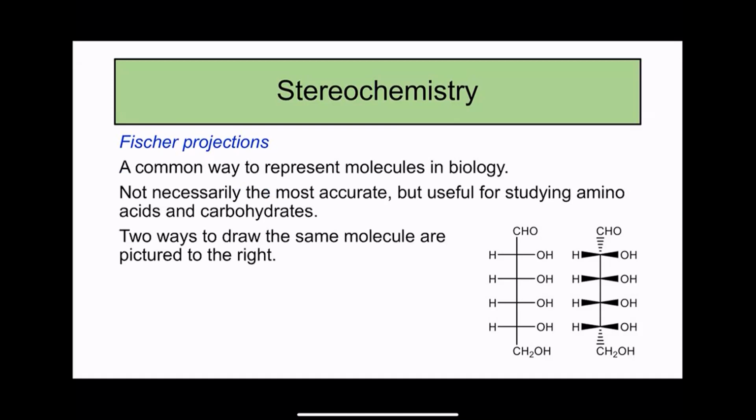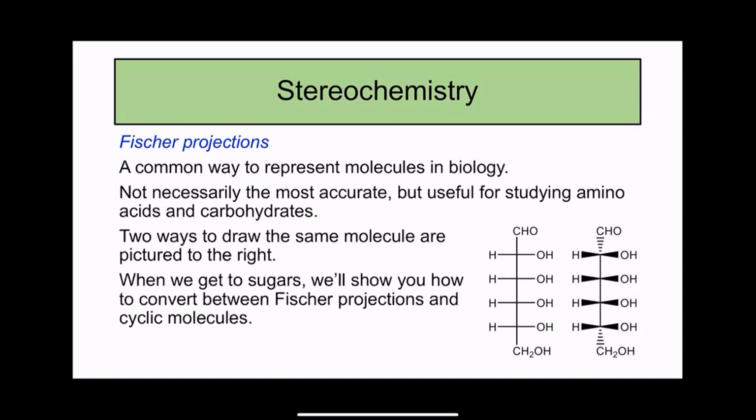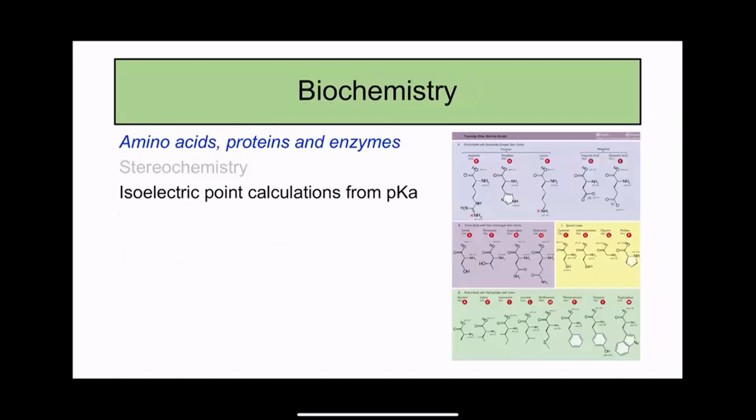And so if they're on the horizontals, they'll be coming out towards you. And then if they're on the verticals, they'll be going back away from you. And then once we get to the carbohydrate section, we'll be converting between Fischer projections to Haworth projections so that you can create cyclic molecules as well. Okay, cool. Brief review on stereo.